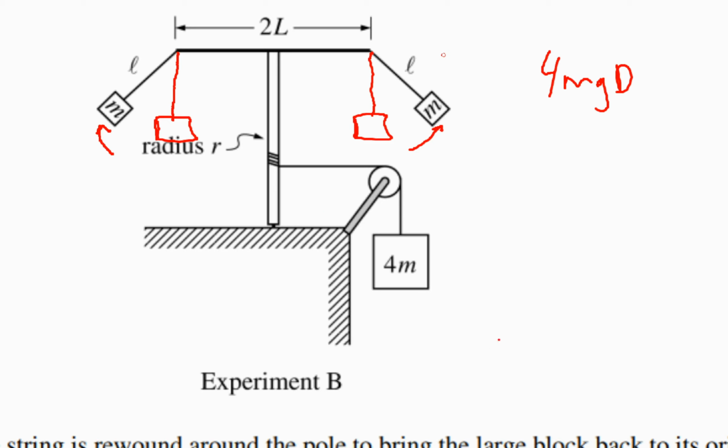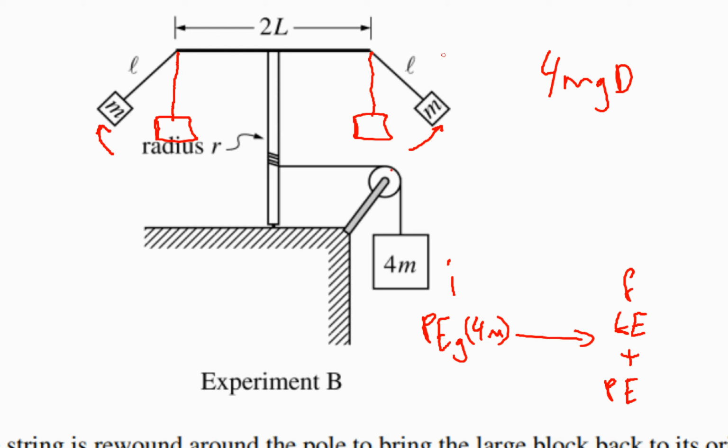Then what can we say about the initial and final states? Initially, we only have gravitational potential energy due to the 4m block, and this will be completely converted to the kinetic energy of the blocks of the system plus an additional gravitational potential energy due to these two small blocks, because they will elevate.